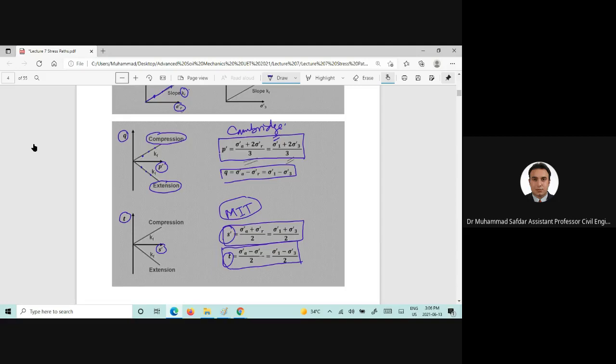And that can be assumed in case of, I would say, an unconfined compression test.